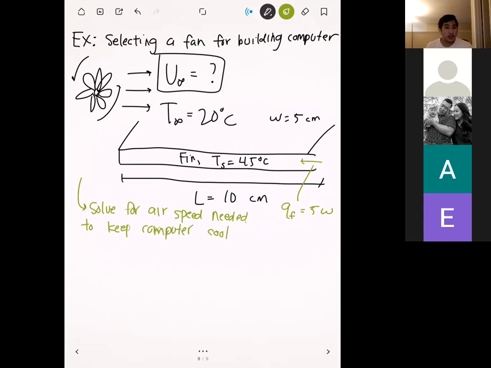Because basically what we're saying is that if the surface temperature exceeds 45 degrees C, then it's either going to damage the chip or it's going to melt your system, which is obviously not good.